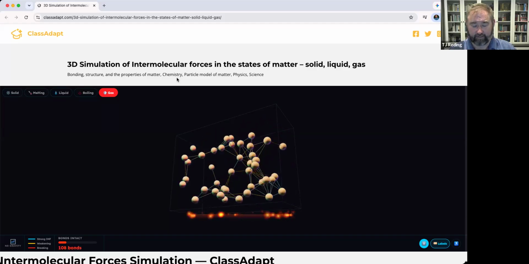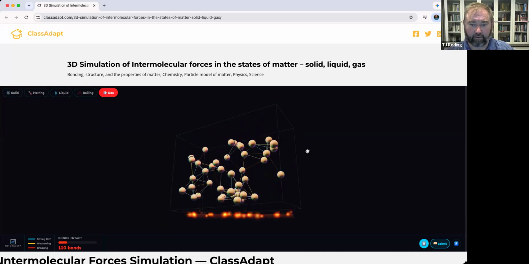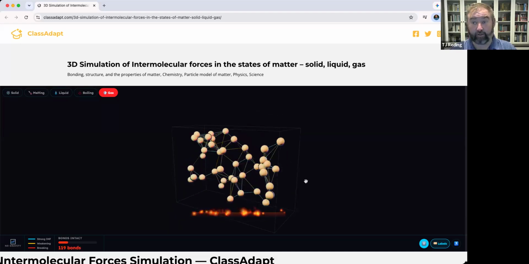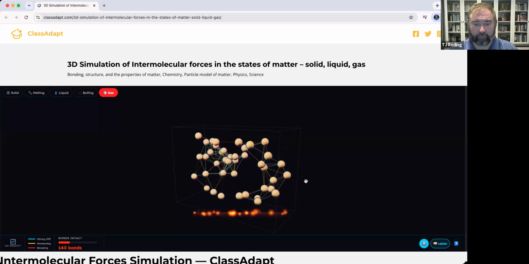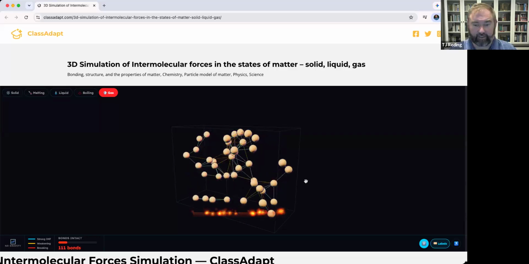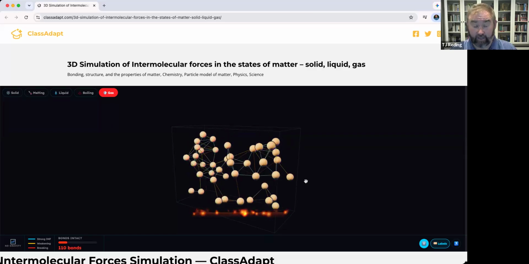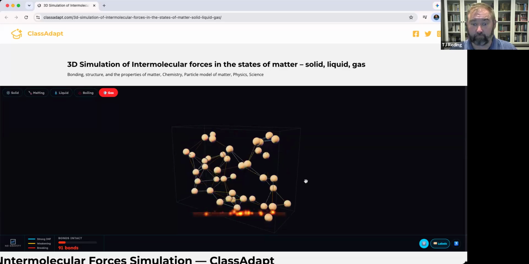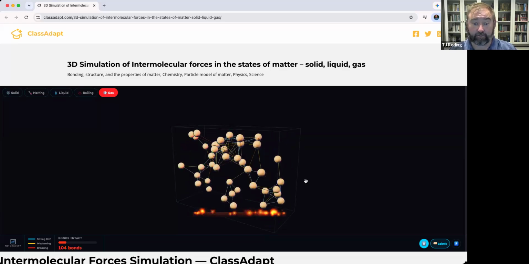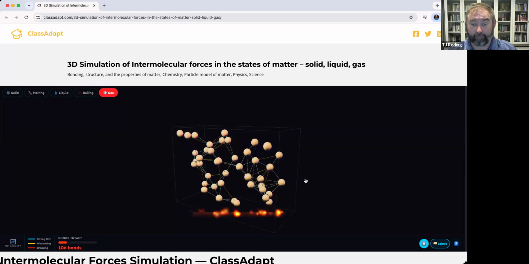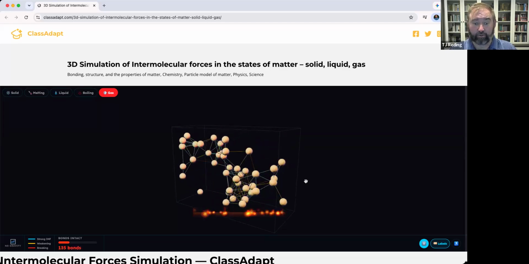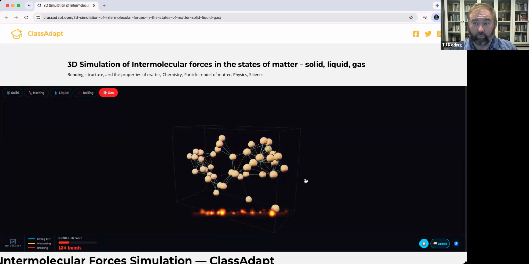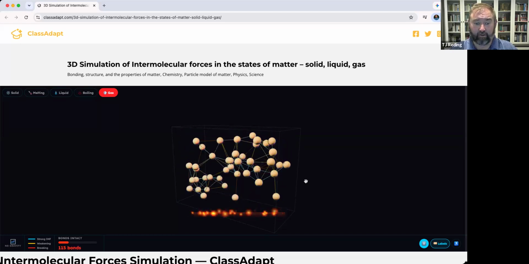I hope you can see that something like this makes you curious, helps you find joy in learning, and helps you become interested in science and understand it in a way that I certainly never got to see when I was in school. The best I could get was a diagram in a book with a bunch of balls and sticks. And I never really understood what it was until I saw something like this.